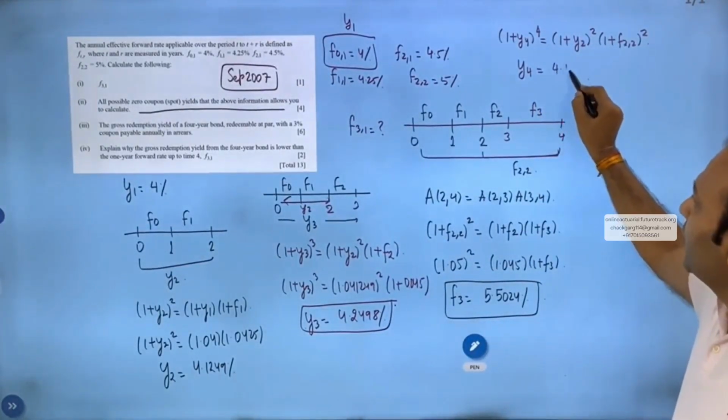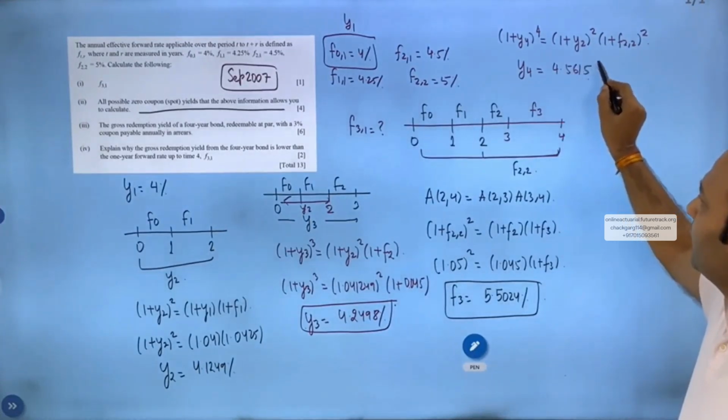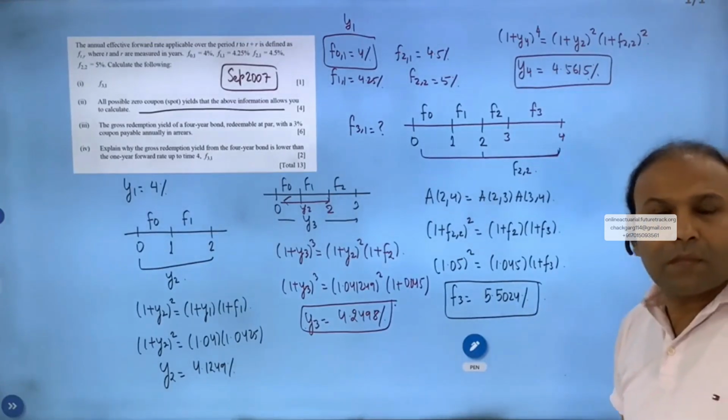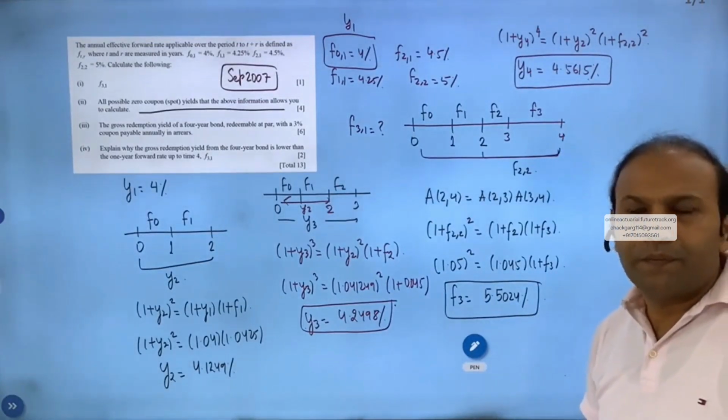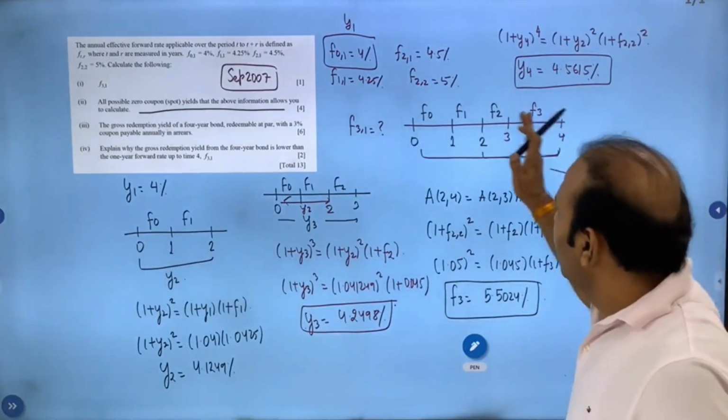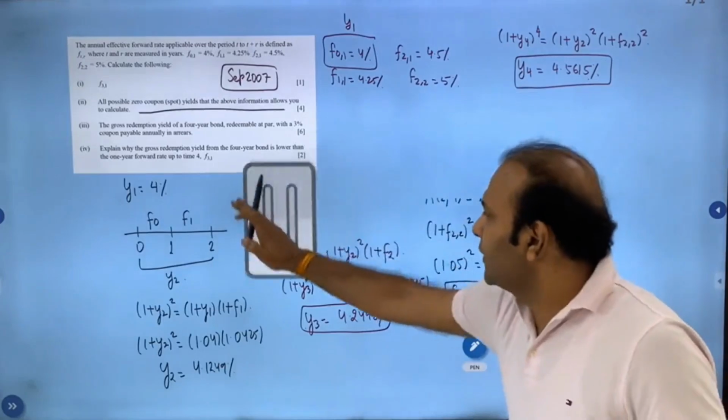Class, we get 4.65615%. Clear? Any problem? So class, once you find all the possible rates, what is the next part? Let's do that.